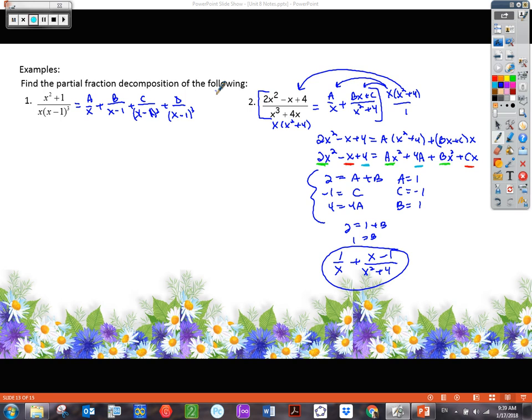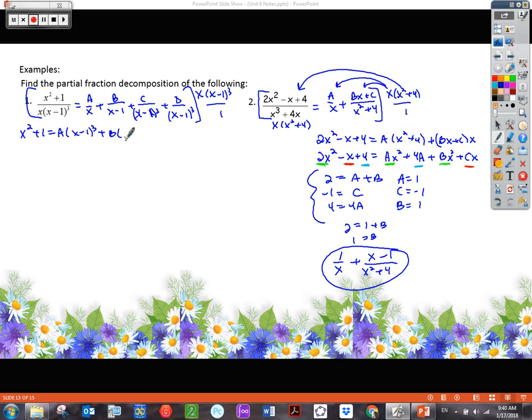Next step is we're going to multiply the whole thing by the common denominator, x times x minus 1 cubed. So when I do, here on the left, I get x squared plus 1 equals. The first fraction is going to be a times x minus 1 cubed, plus, right? When I multiply that out, the x's go away.